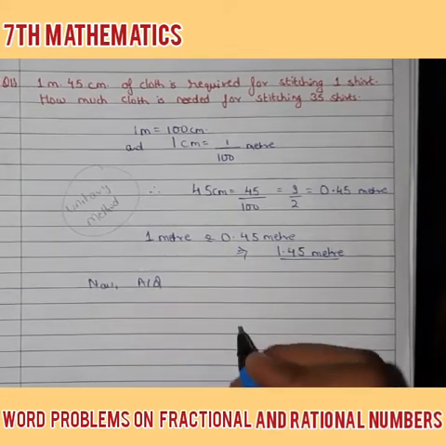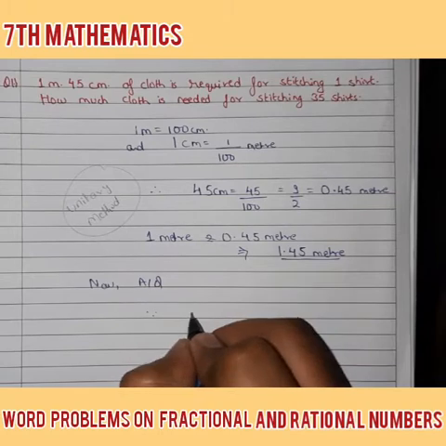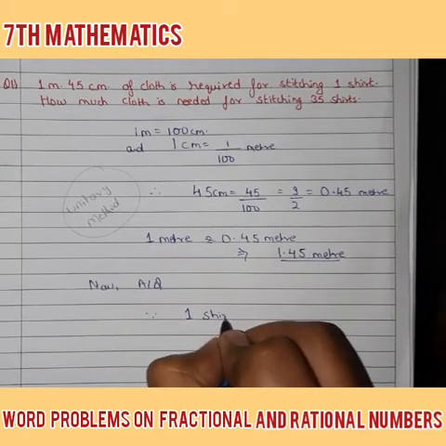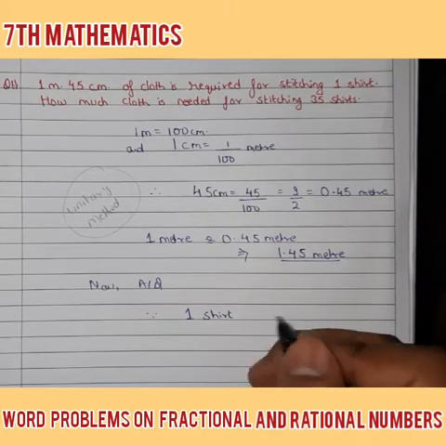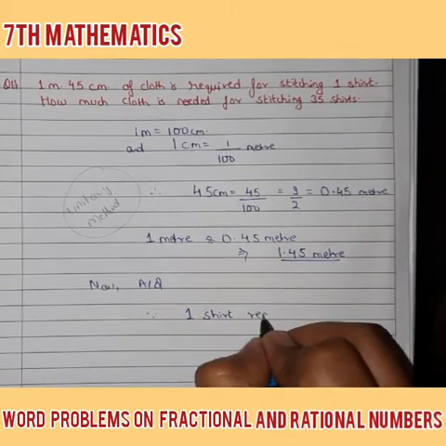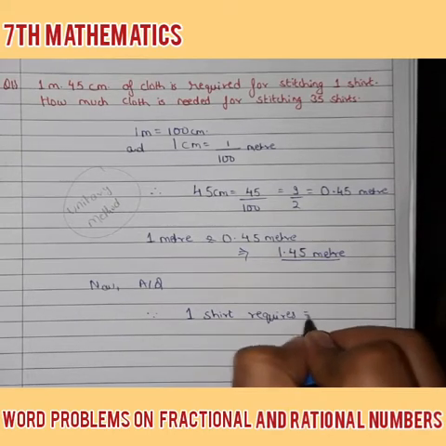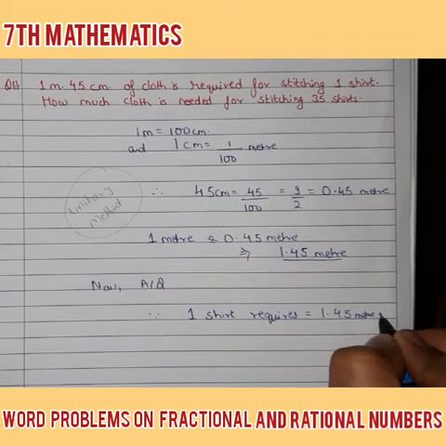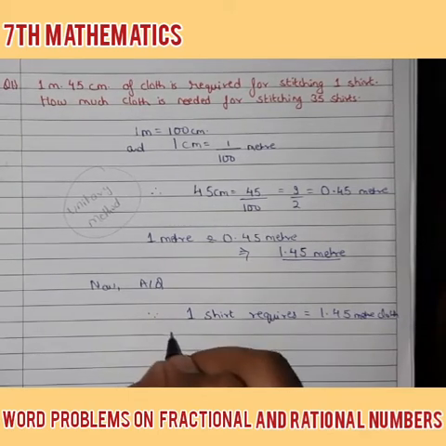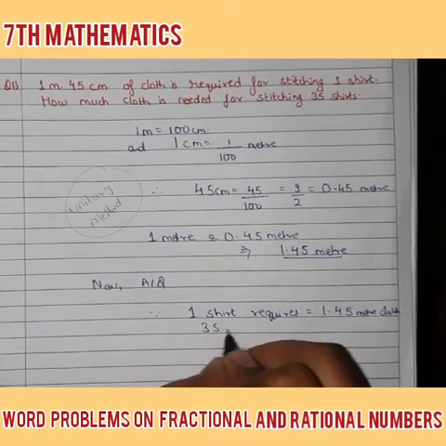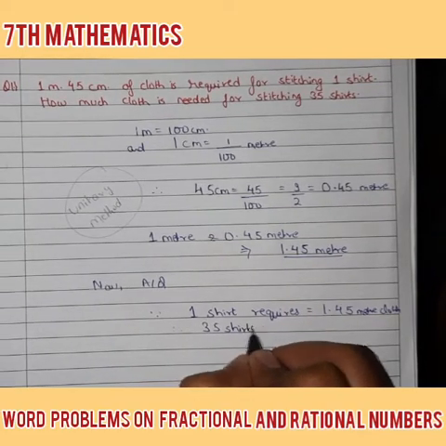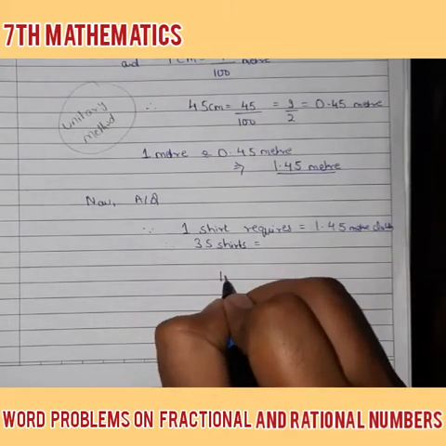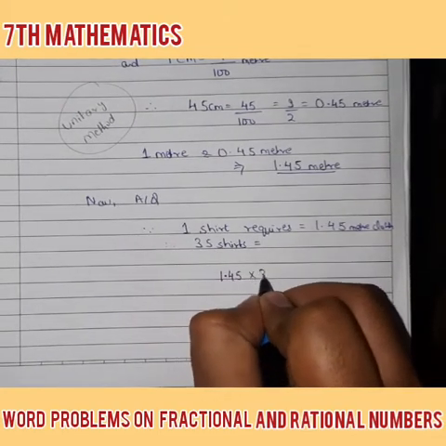Mathematically we will write it like this: since one shirt requires 1.45 meter of cloth, therefore 35 shirts is equal to 1.45 into 35.